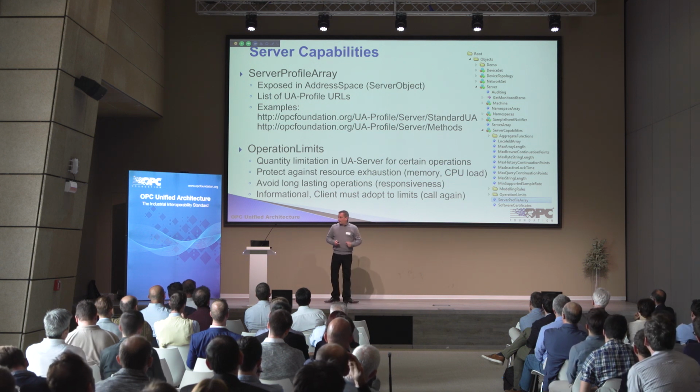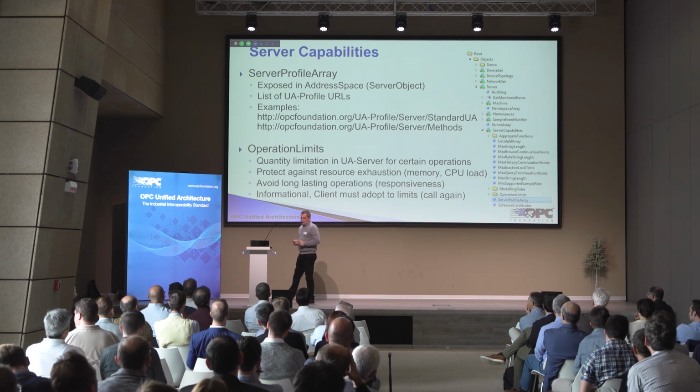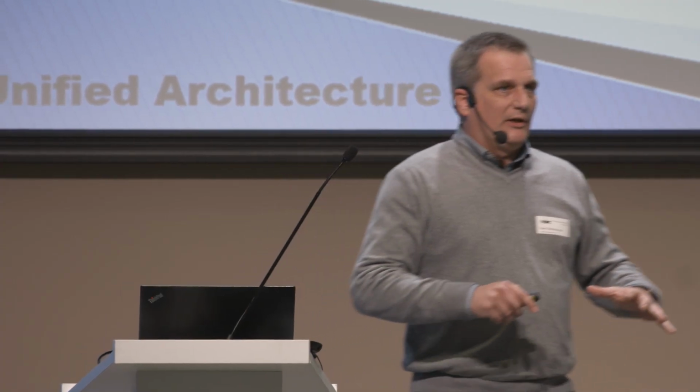In addition to that, we have the operational limits. That's information about the volume the server can handle. Because, of course, it makes a difference if you can read 100 variables at a time or 100,000. And if you read 100,000 at a time, maybe the server is not able to do it, because then it's busy for a few minutes, and then you block the server.